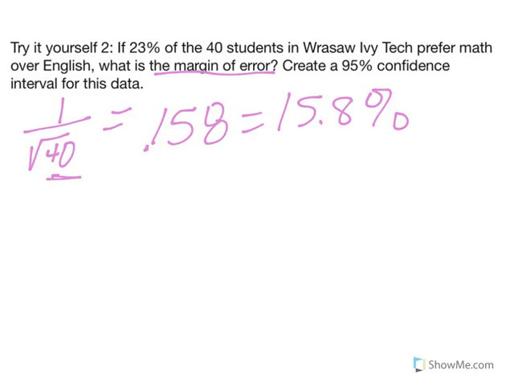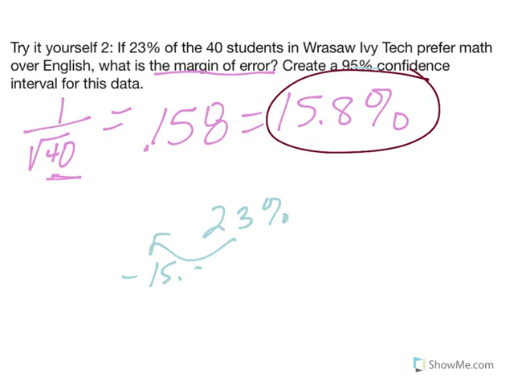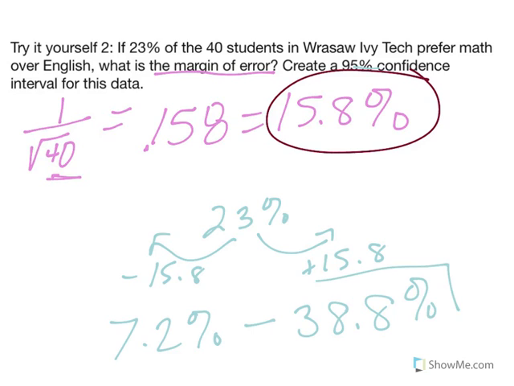See how that works? Okay, so here's my margin of error. And now we need to find our confidence interval. So I take my 23%, and going to the left, I subtract 15.8, and going to the right, I add 15.8. And that would give me 7.2% to 38.8%.